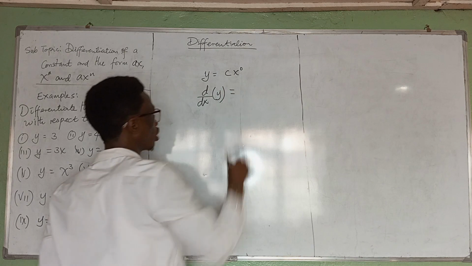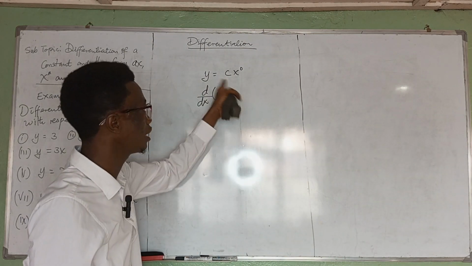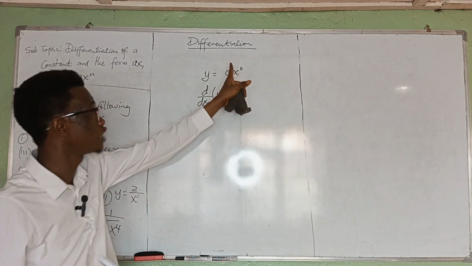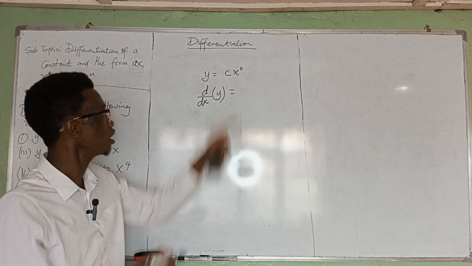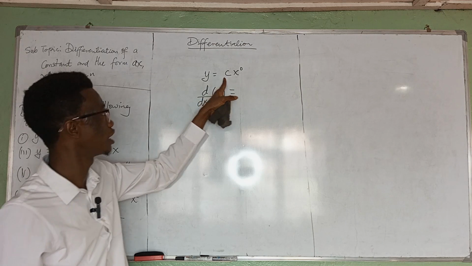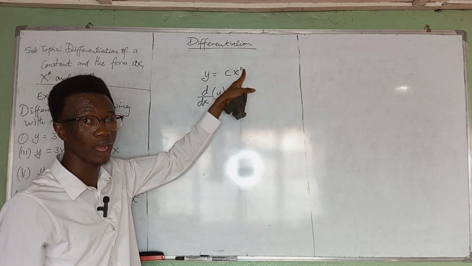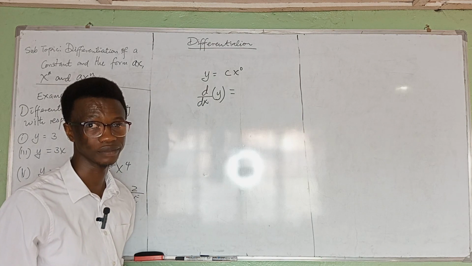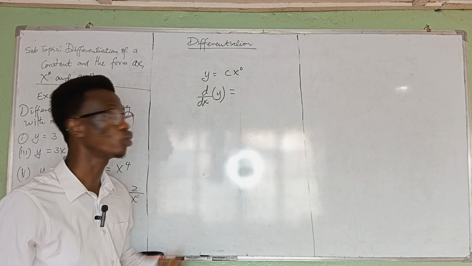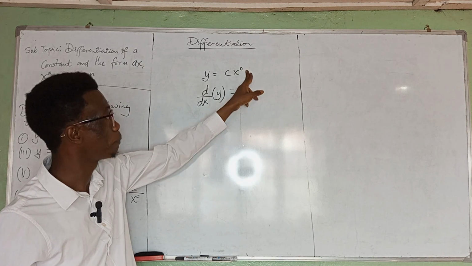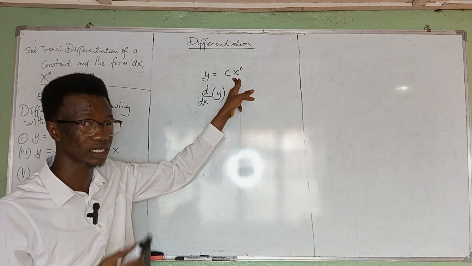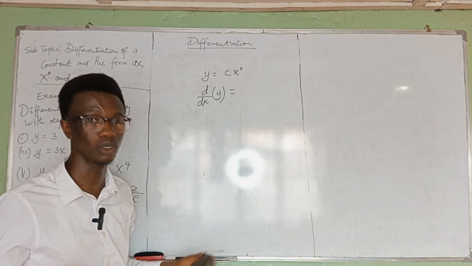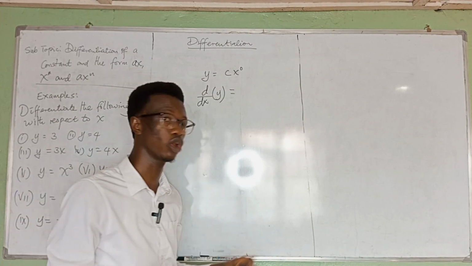The basic rule is that you multiply the coefficient of x by the power, and you subtract 1 from the power. That's the basic rule of differentiation.